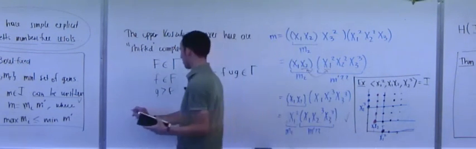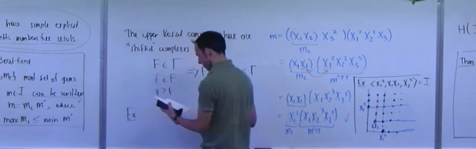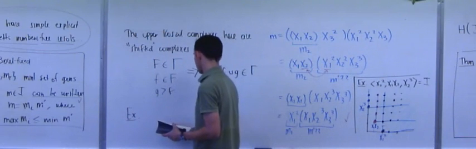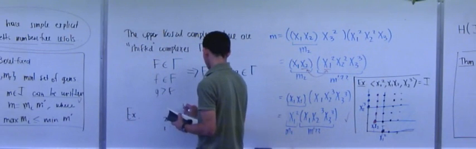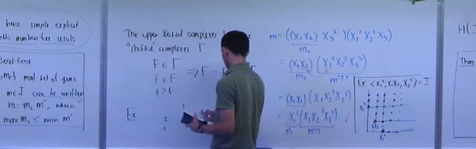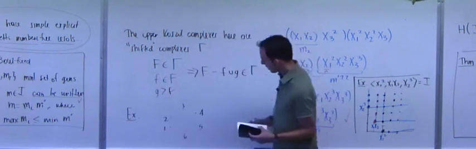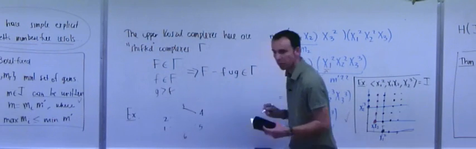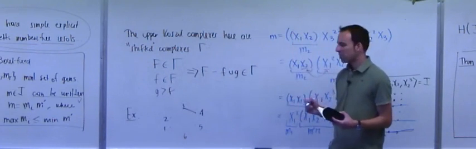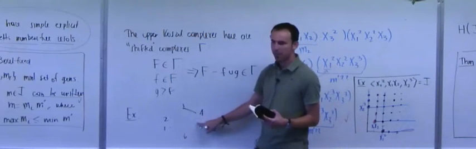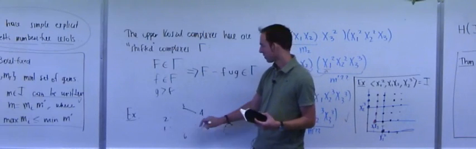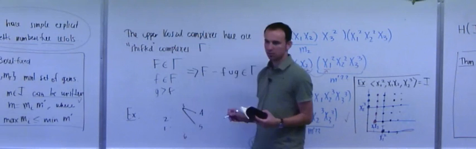So let me give you an example of how this looks. So for example, let's say that I put a face 3, 4. Well, that means that I can take out 4 and put in 5, and that should also be a face. So 3, 5 has to be a face.